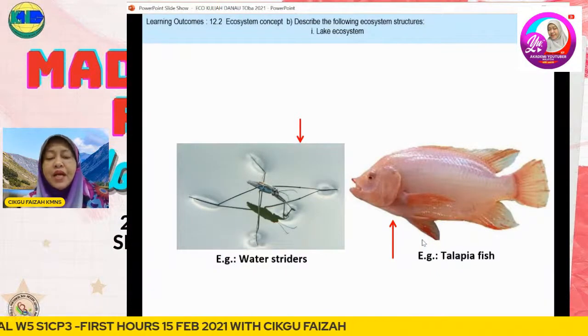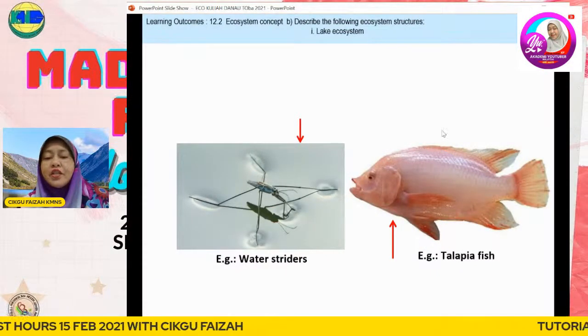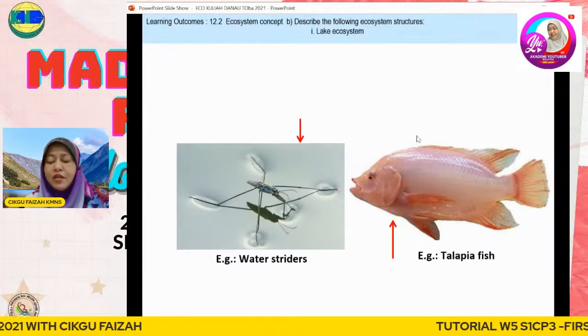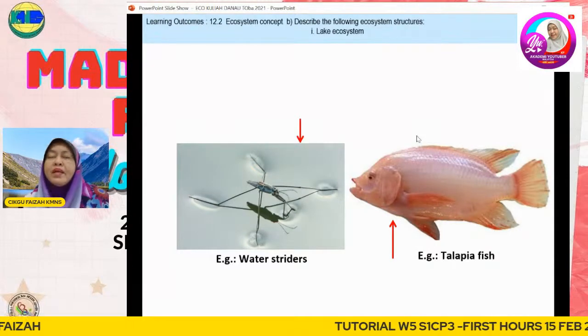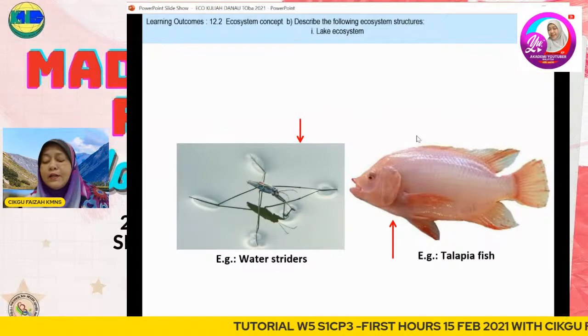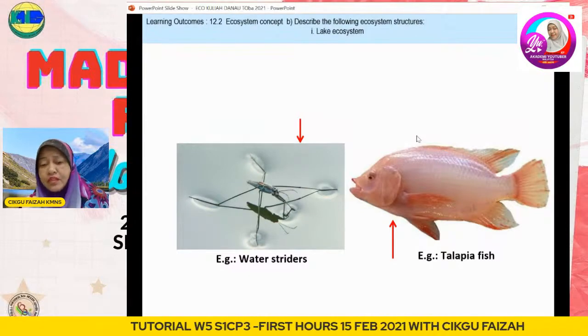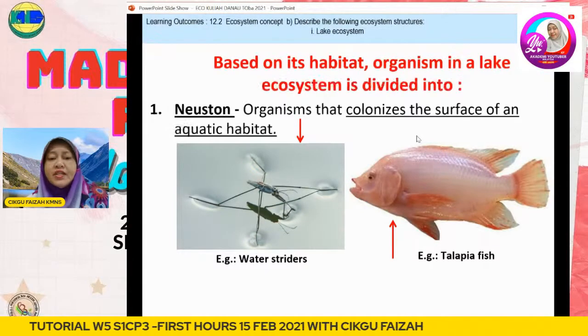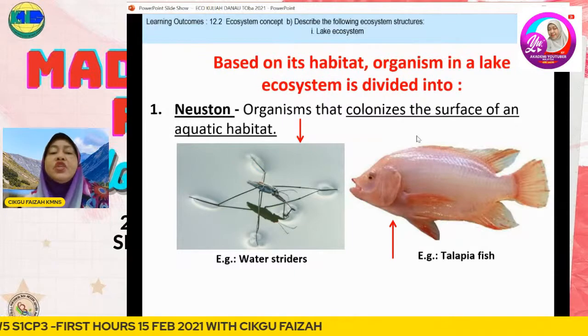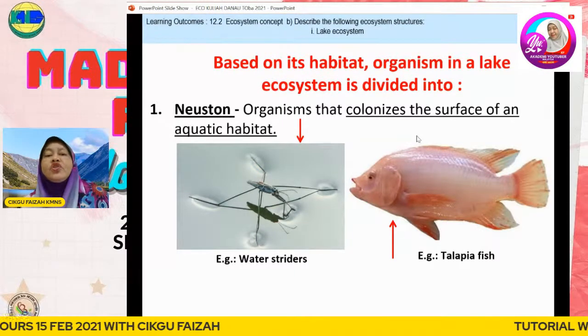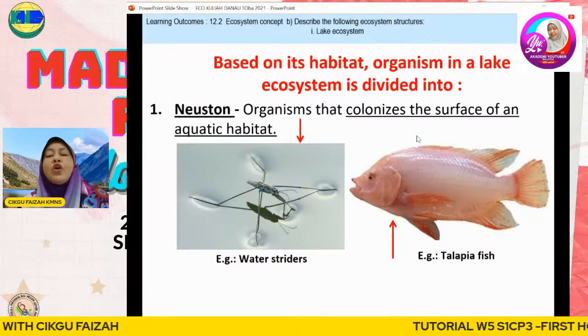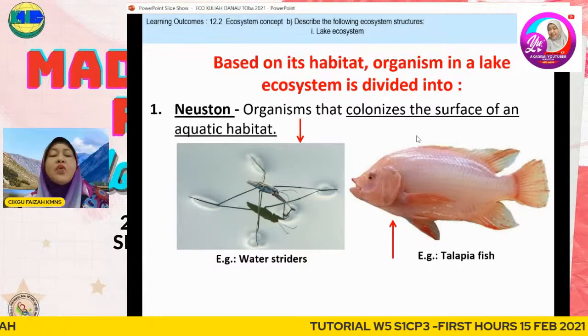Ikan tilapia ni anak cikgu memang suka. Kamu biasa mancing ataupun selalu mancing lah. Water strider. Okay, ini ialah what we call neuston. Neuston is the organism that colonizes the surface of an aquatic habitat.